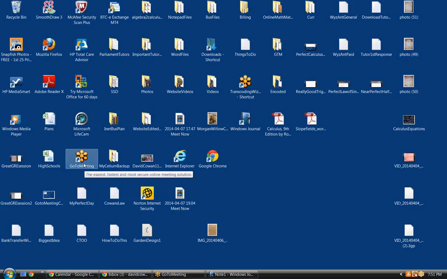See this little go to meeting thing on my desktop here? Yeah. You should have that kind of an icon on your desktop now. Okay. I don't know if you can see it or not. Oh, yeah, I can see it. Okay, so for next Monday, I will just text you the meeting ID to your phone, and if you double click on that, it'll ask for that ID. We'll be all set. You don't have to re-download the software every time. Okay. You just need a new meeting ID number every time.